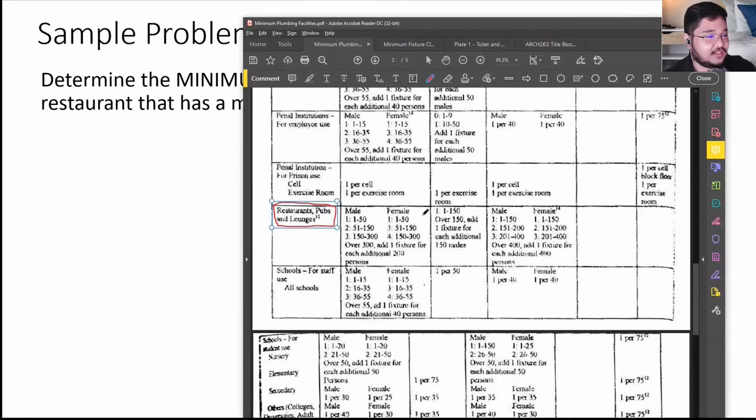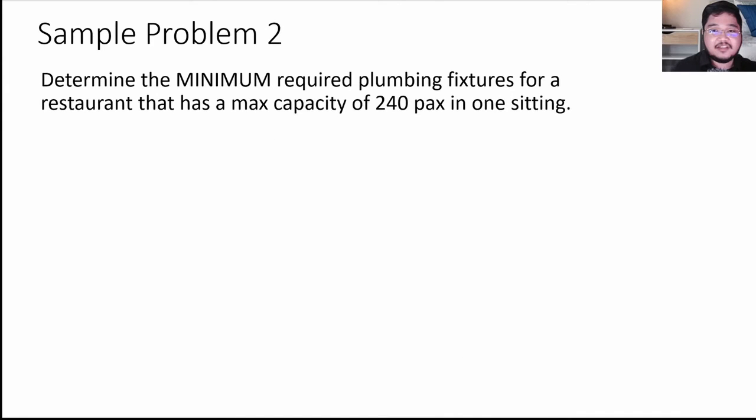And then again, you can see the different ranges for the water closets, urinals, and lavatories. Okay, so 240 persons, so the process will be the same. You can just tabulate it so that you can visualize it clearer.